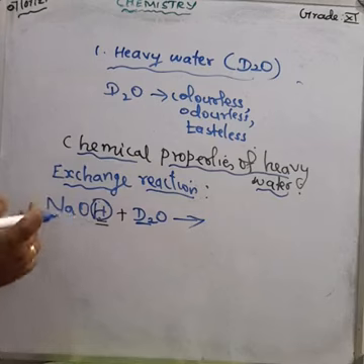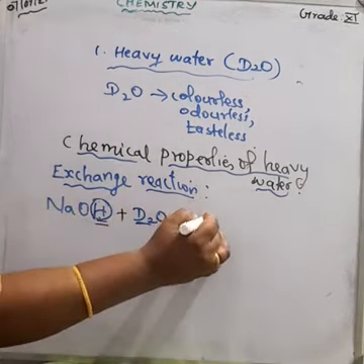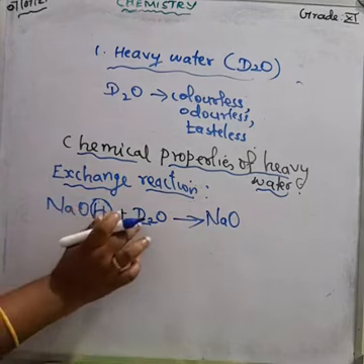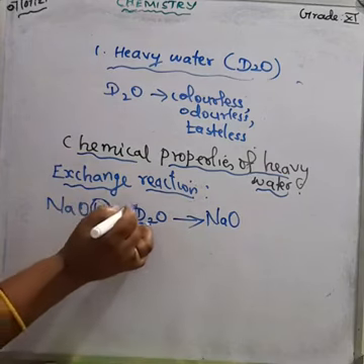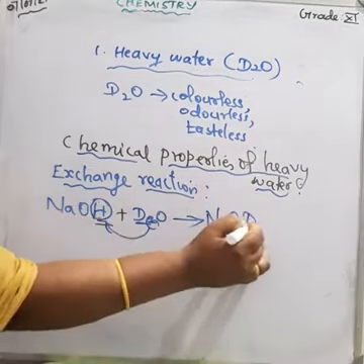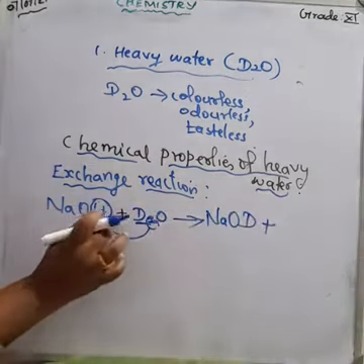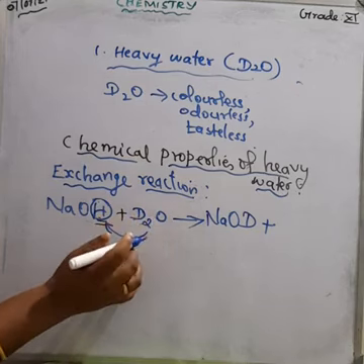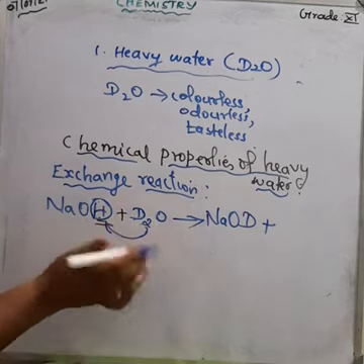So what is the product we get? NaOD. Instead of hydrogen, one deuterium joins here. The hydrogen is replaced by the deuterium. Understand? So what is the remaining product?